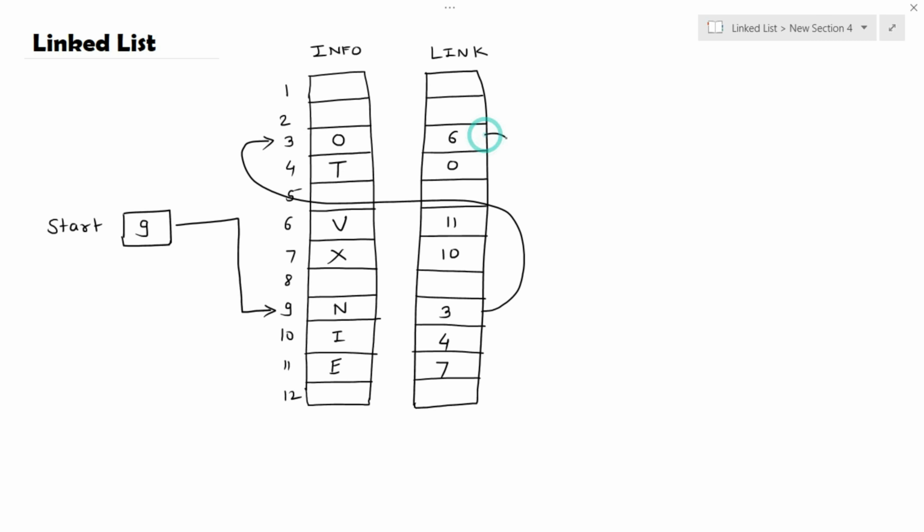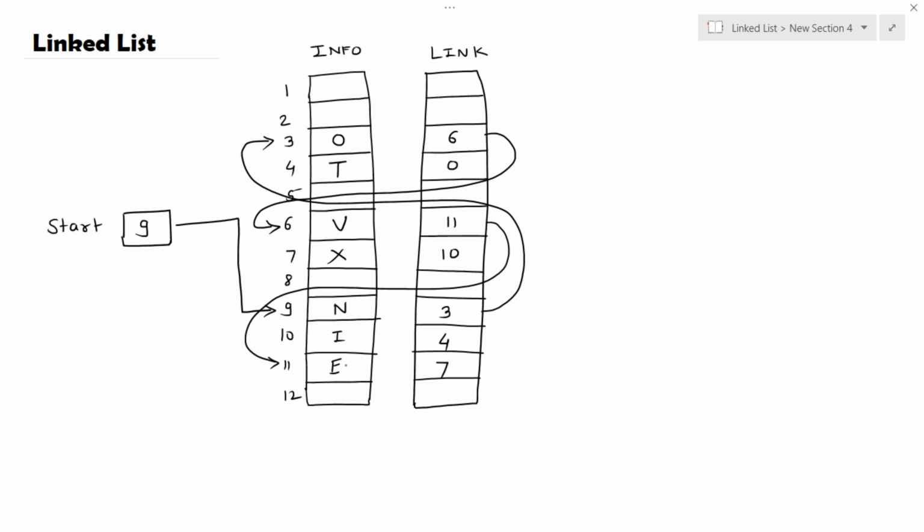Again we go to the sixth node, and that is V. For the sixth node the data is V, and the link to the next node is 11. So from this we go to the 11th node, and that is E.